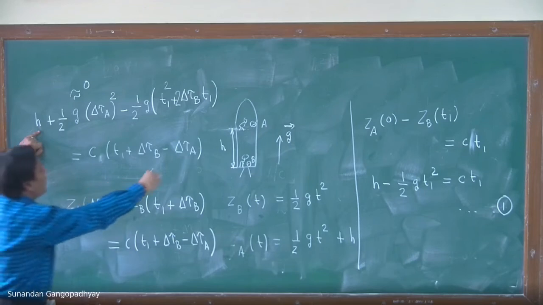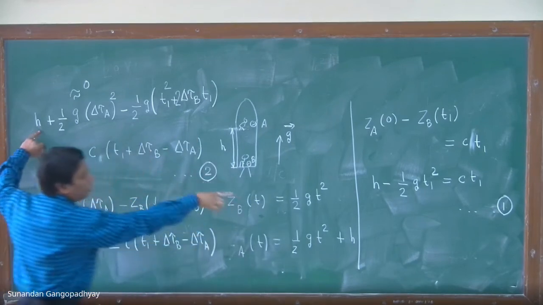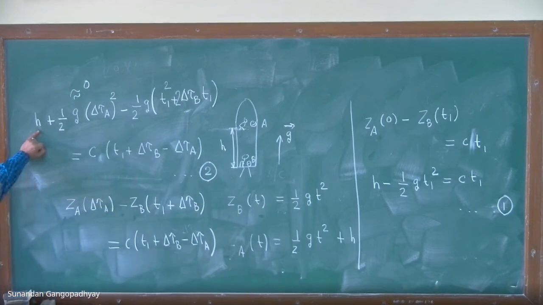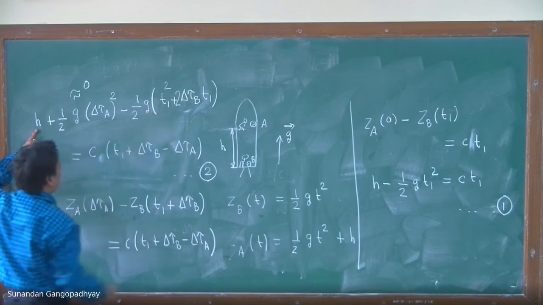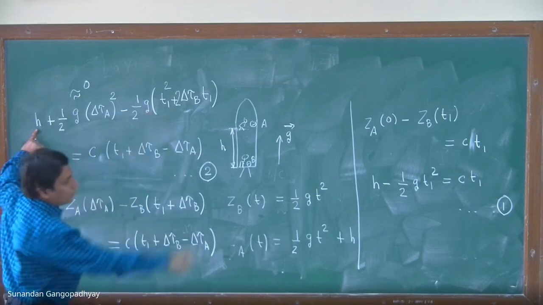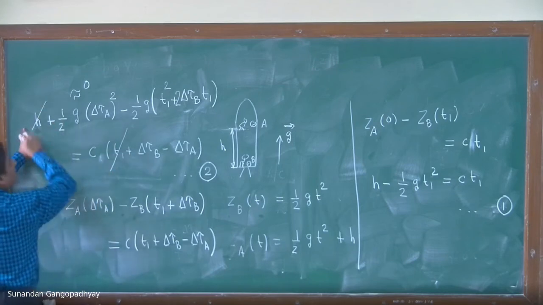This is our equation 2, right? Now use equation 1. If you use equation 1, we will see that H minus half GT1 square is equal to CT1, because it's the first equation. So if you use that equation, then these terms will cancel.